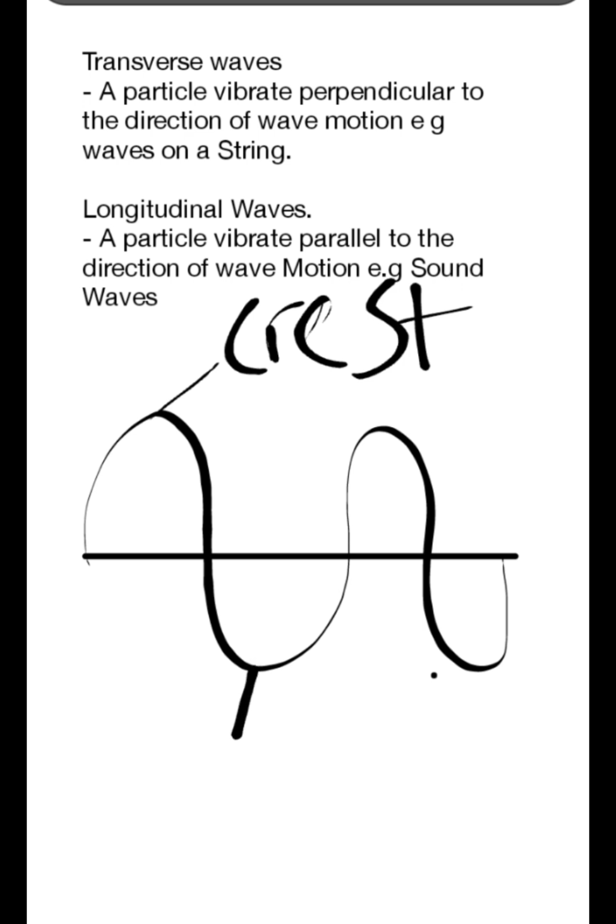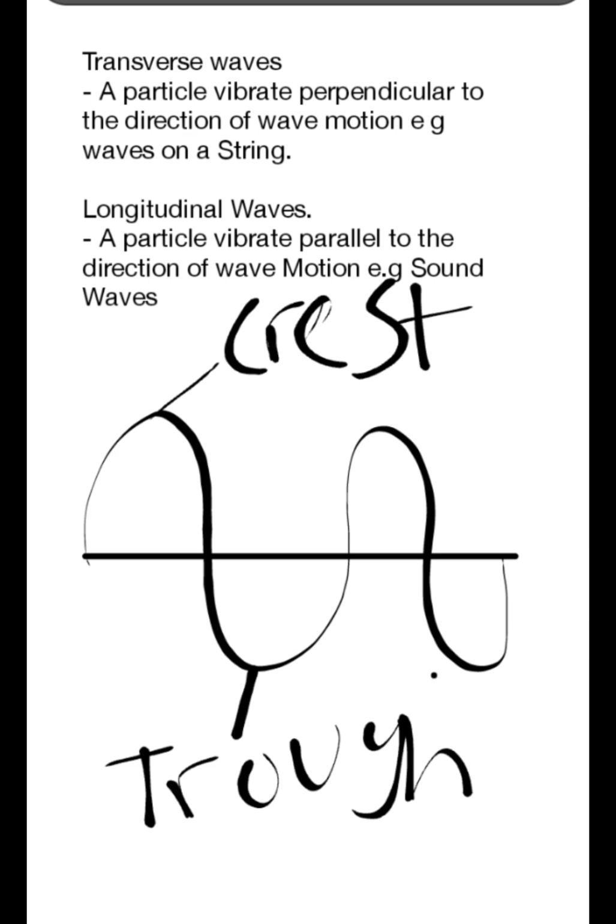Then I'm sure you have heard of wavelength. Wavelength is the distance between 2 points in phase. For example, we have this crest here. The distance from crest to crest is wavelength. This distance from here to here is wavelength. Or trough to trough is wavelength.